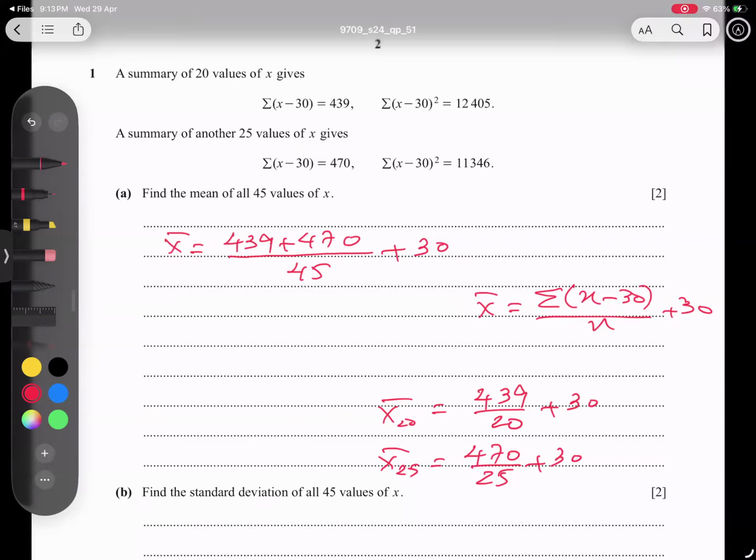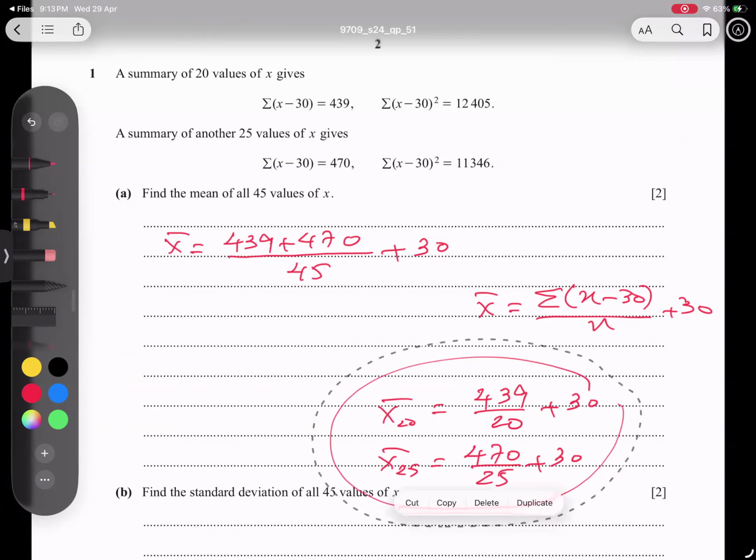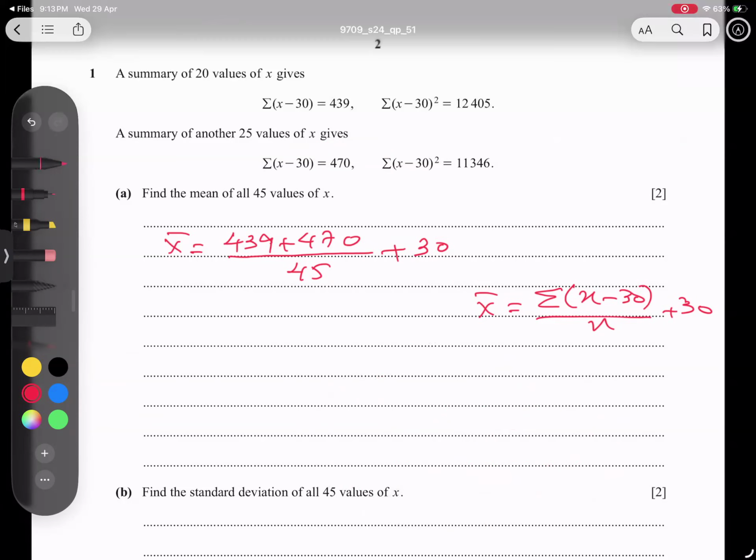So if you want to find out the mean of all values, students, what is the technique? That is why we just add this 30 here, and if you check it, there's a logic behind it. And if I find it, the answer will turn out to be 50.2, the average of all 45 values.